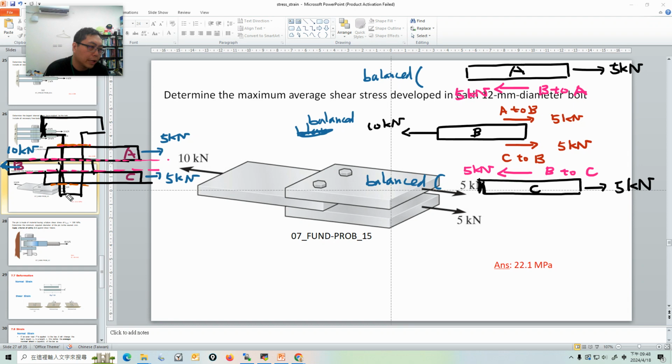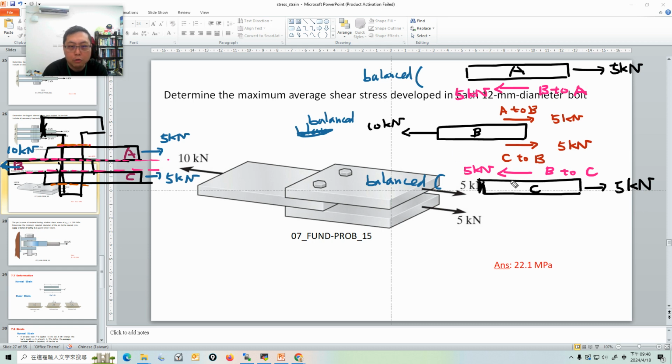We only have to consider this middle plane. After this analysis, we found everything is balanced. We only consider everything inside the ABC. For these two parts outside ABC, we don't have to consider that. So everything is in perfect balance.